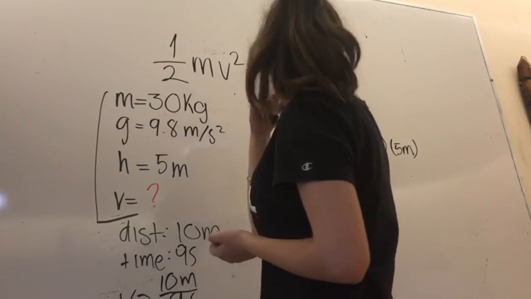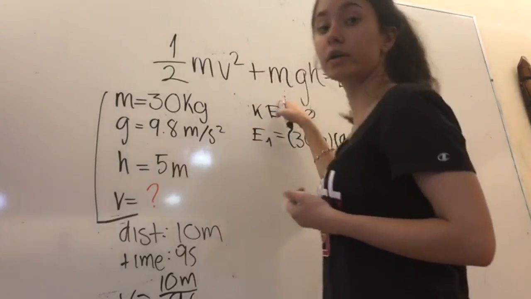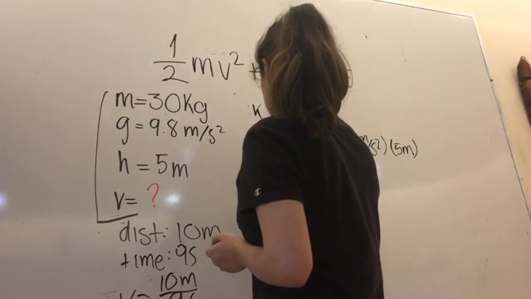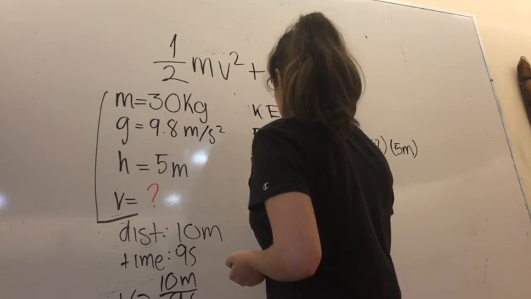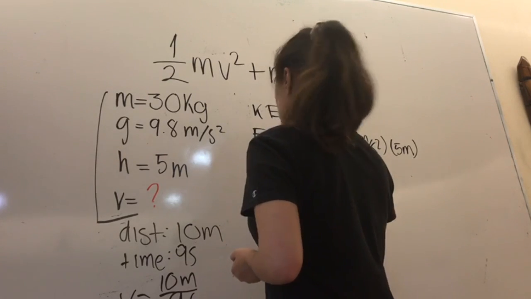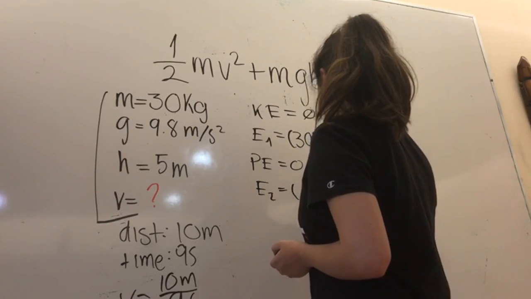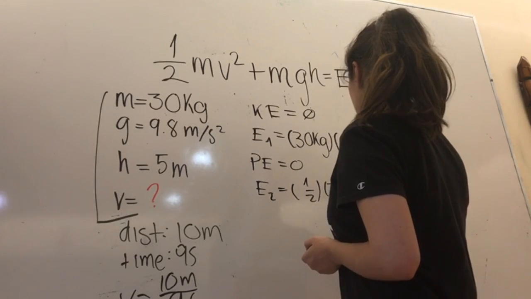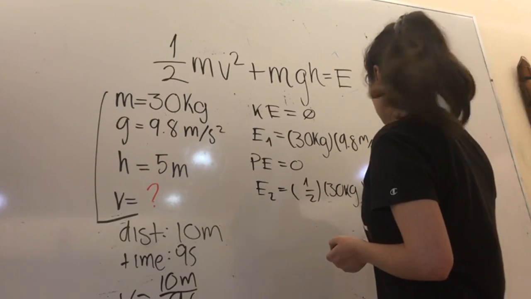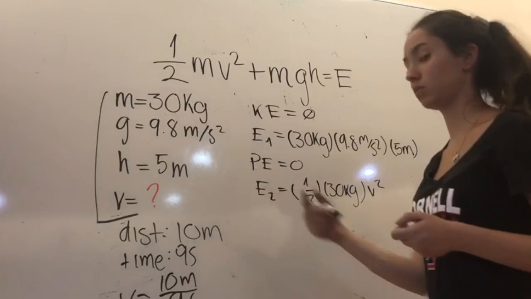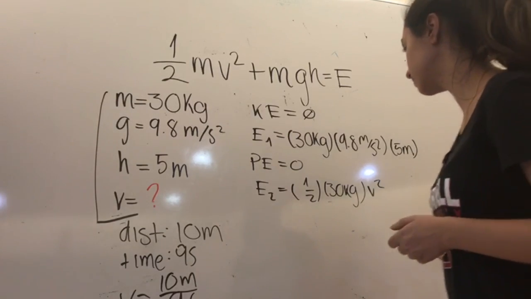And then let's take into consideration the case where now our potential energy is 0. So from this we can gather that E2 is equal to 1/2 times 30 kilograms times V squared is going to be equal to this energy.